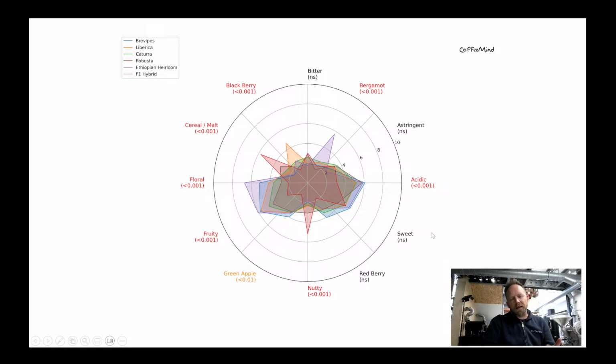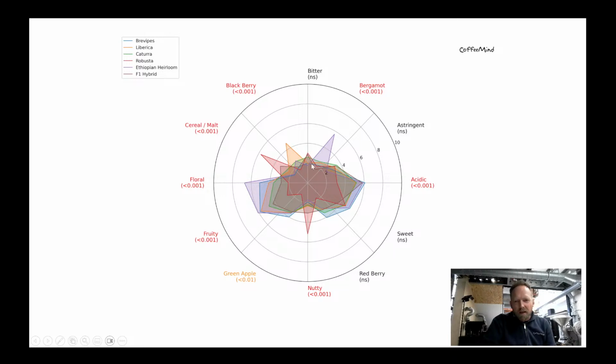And you can also get this spider plot and get an idea per descriptor if it was any different at all, if each descriptor gave any statistical differences. Here you can see that red berry, sweetness, bitterness, and astringency didn't change beyond chance.